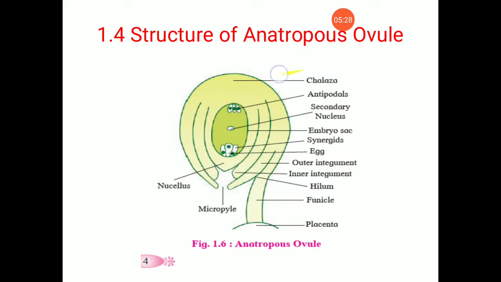At chalaza end, three-cell structure, that is antipodals, are present. It has two haploid polar nuclei at the center. The polar nuclei fuse with each other at later stage to form diploid secondary nucleus.